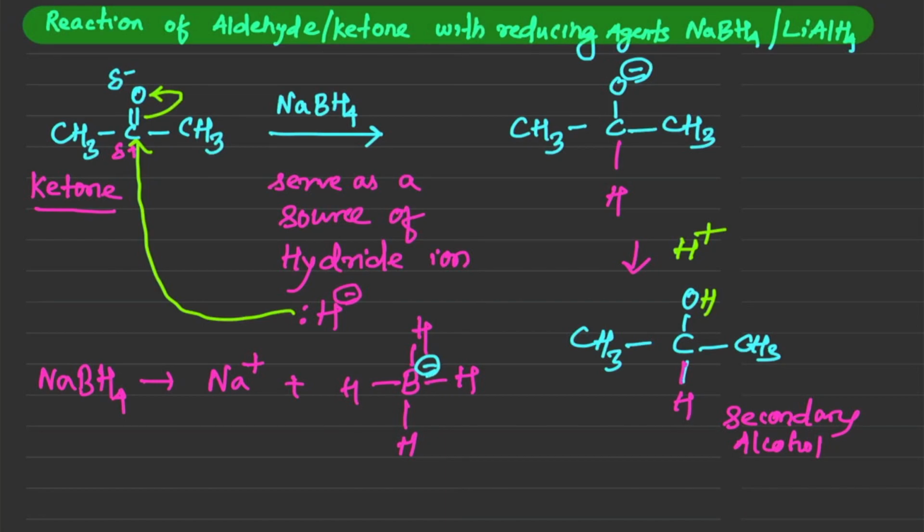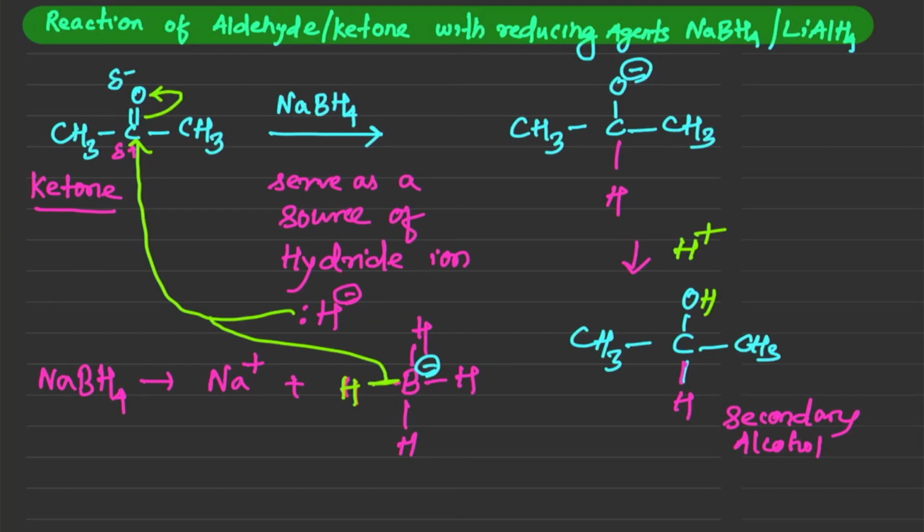The way the reaction would happen is one of the hydrogens will serve as the source of the hydride ion. You see, this hydride ion, where is it coming from? It's coming from one of the hydrogens from the borohydride ion.